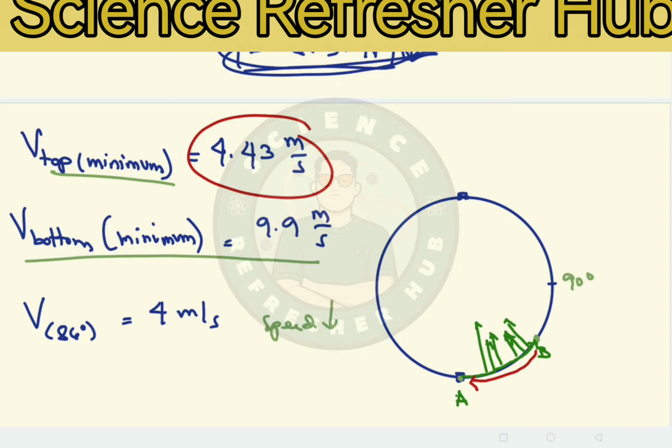And if we have another scenario, if and only if the object reaches here at 90 degrees and the velocity becomes zero at an instant, then technically the object will move like a stone dropped, or it falls undergoing free fall.